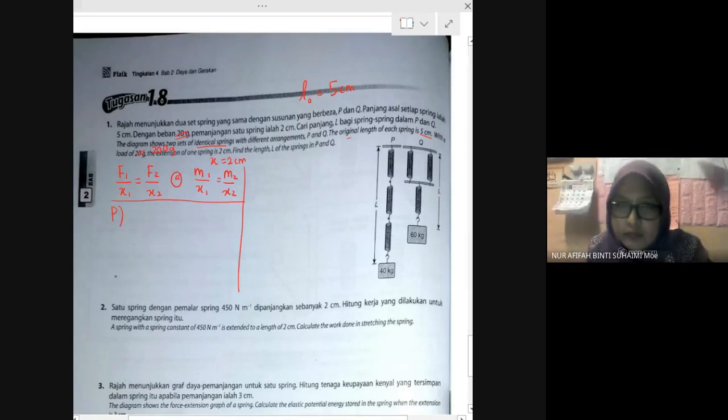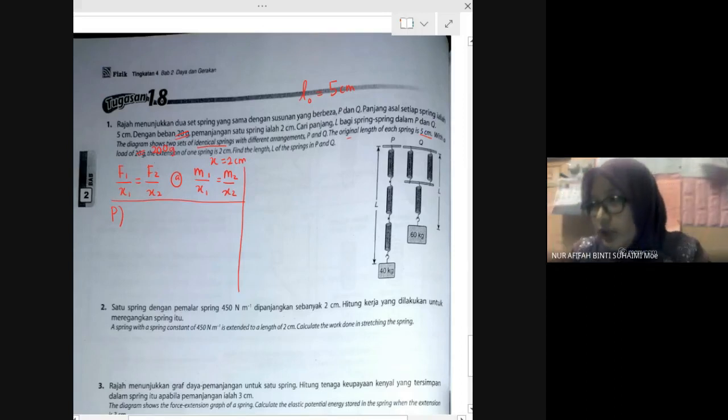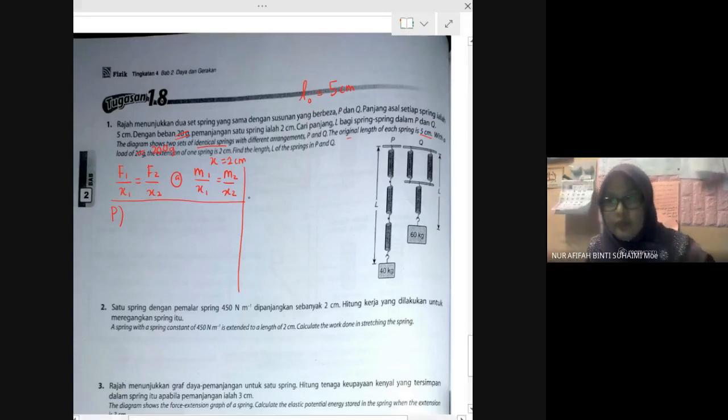Okay, how to get, dia punya fixed variable already given in the question. So kita cari yang fixed, yang dia punya extension, original extension of the spring. Okay, so we use M lah. Senang guna M. So 200 gram.